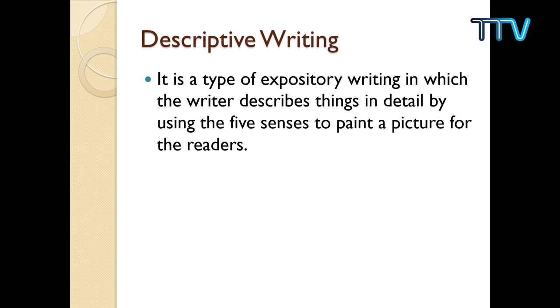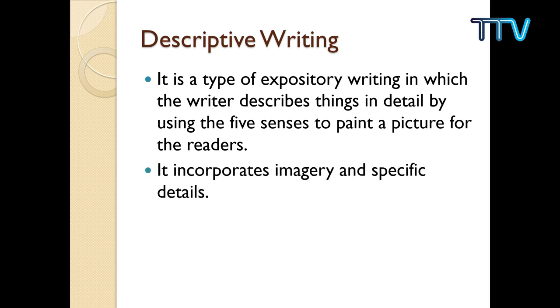So descriptive writing is a type of expository writing in which the writer describes things in detail by using the 5 senses to paint a picture for the readers. It incorporates imagery and specific details. So details are a must. They're giving details in descriptive writing.